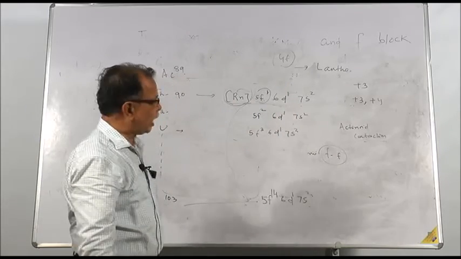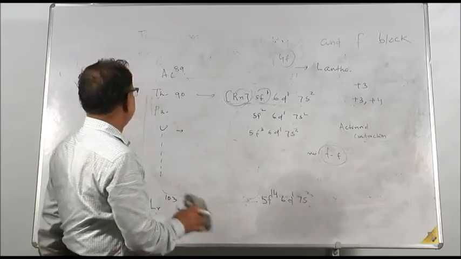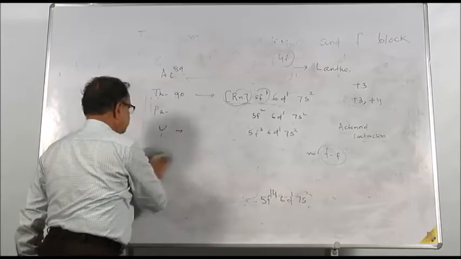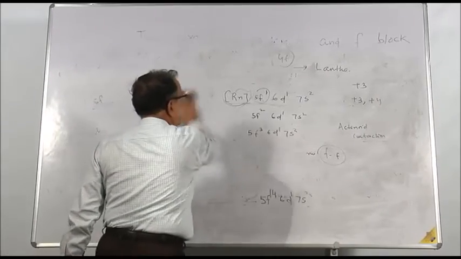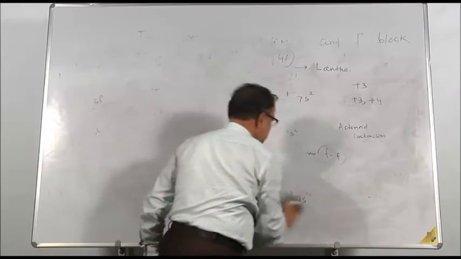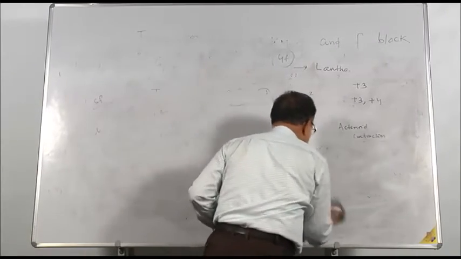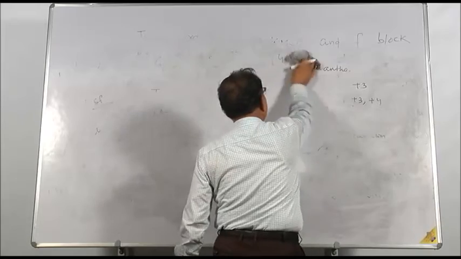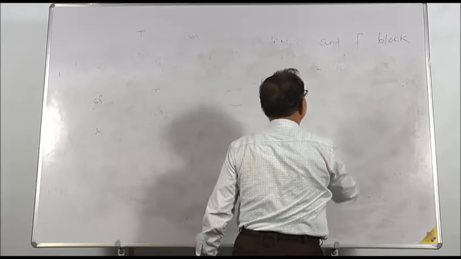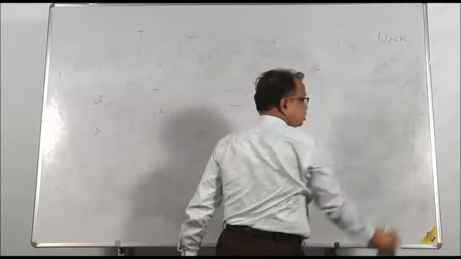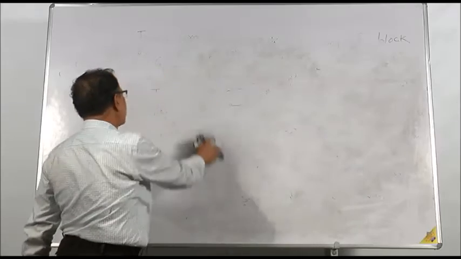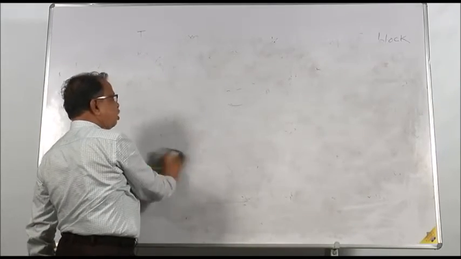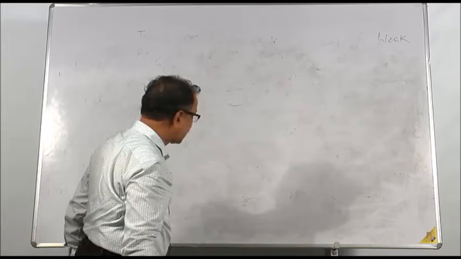This is about lanthanides and actinides. What are lanthanides? What are actinides? The elements coming after actinium are called actinides. The elements coming after lanthanum are called lanthanides. These are called inner transition elements.